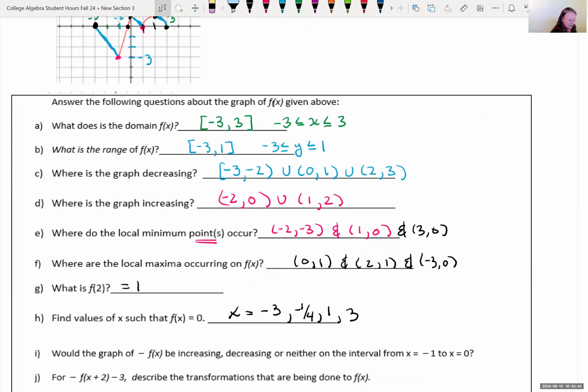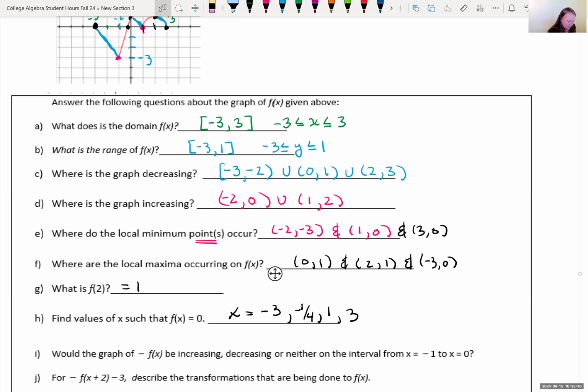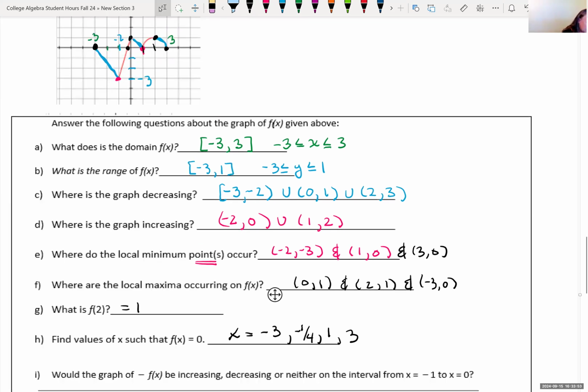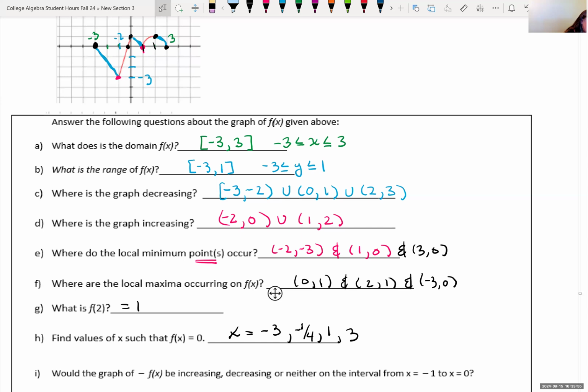Would the graph of negative f of x be increasing or decreasing or neither on the interval from negative 1 to 0? Okay, negative 1 to 0. So I'm looking at my graph. Let me just erase this. From negative 1 to 0 is this piece right in here. My x values are going to stay the same. That's going to make a reflection across the x-axis.